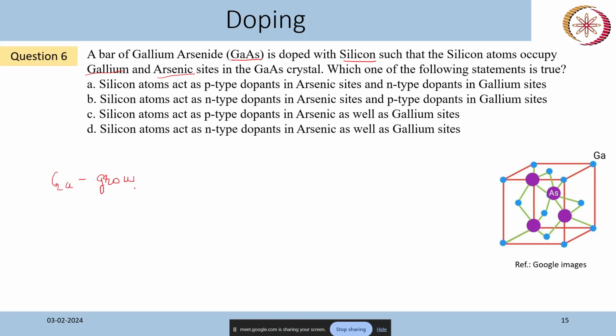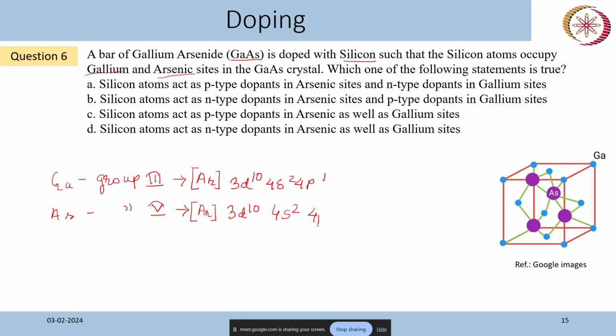So gallium is group 3, right? So the electronic configuration here is argon 3d10 4s2 4p1, and arsenic is group 5, argon 3d10 4s2 4p3.